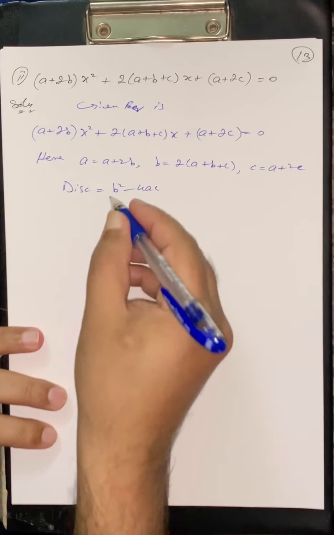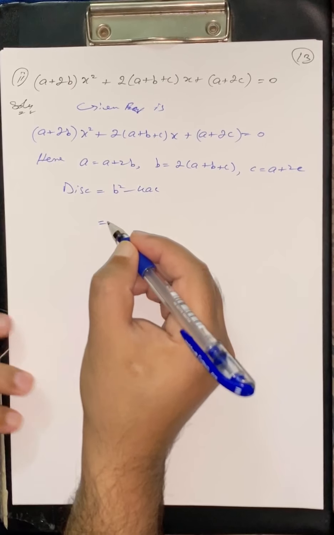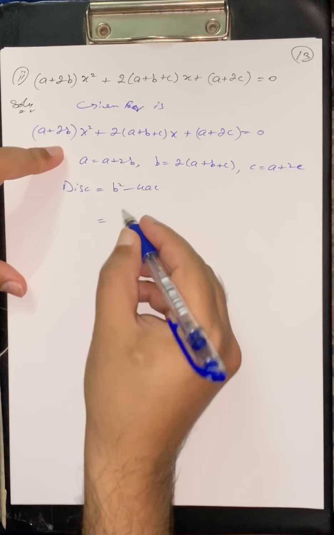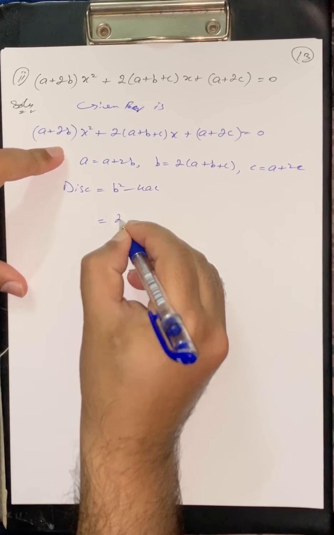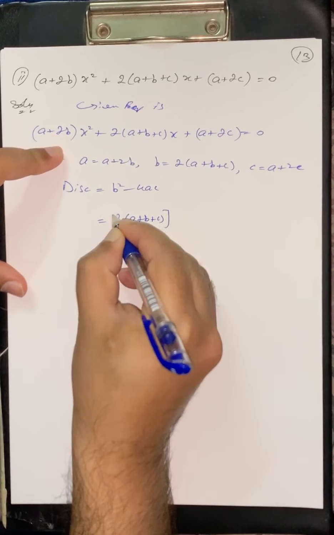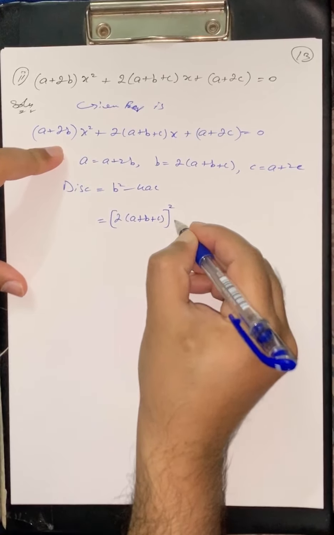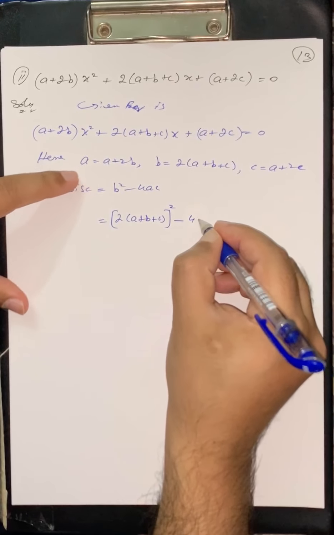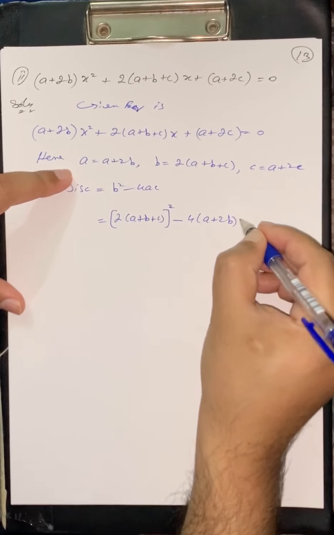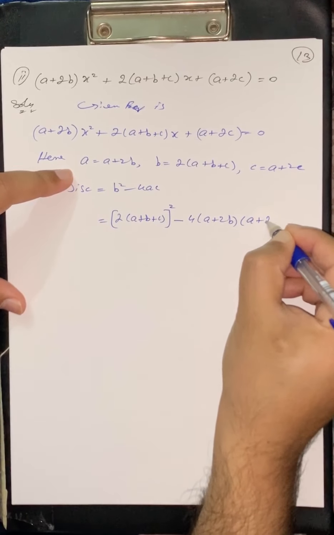So same question, same part, but different equation. The value of b is (2a plus b plus c) whole square minus 4, the value of a is a plus 2b and the value of c is a plus 2c.